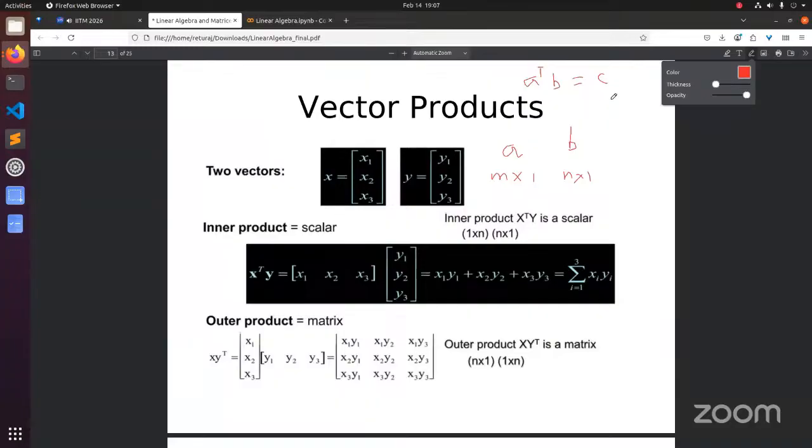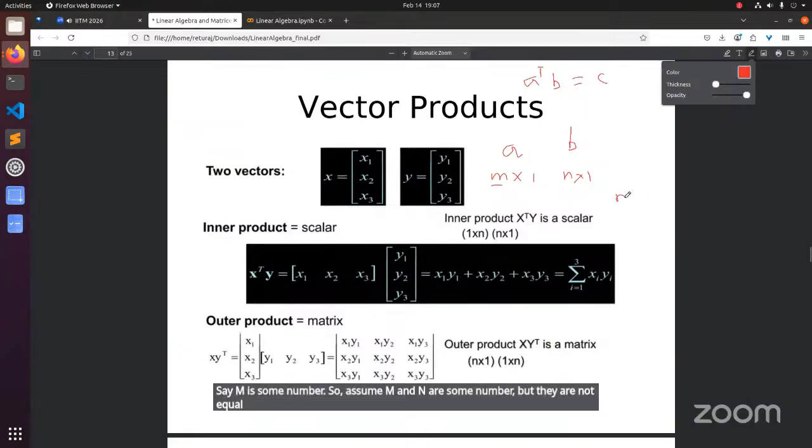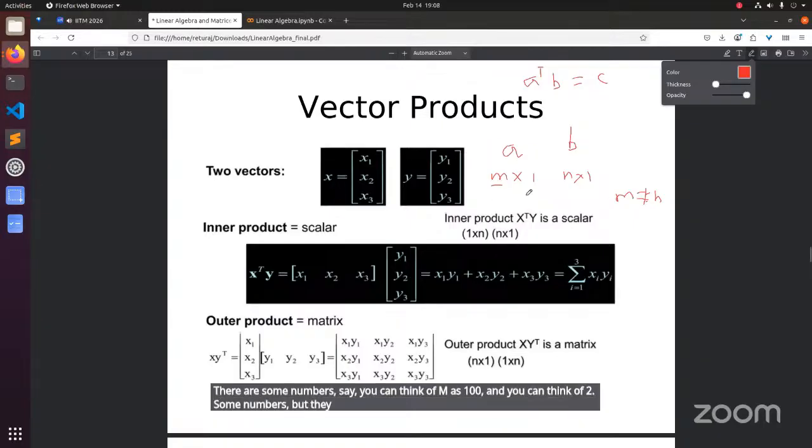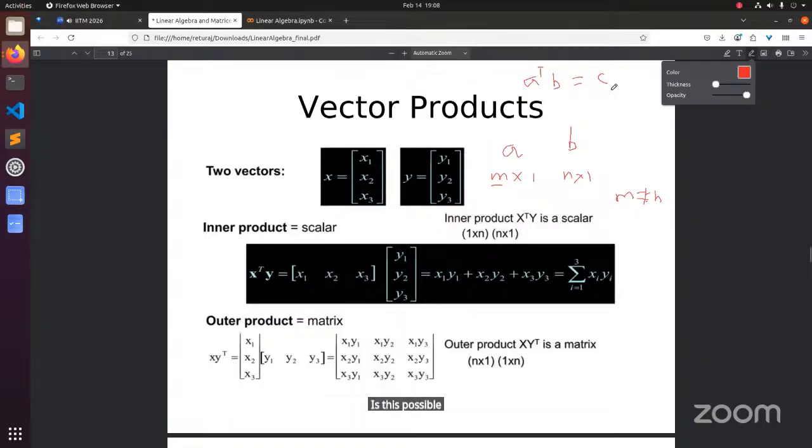Sir, not possible, I think, because M and N are unknown. Say M is some number. So assume M and N are some numbers, but they are not equal. You can think of M as 100 and N as 2, some numbers, but they are not equal. Is this possible? And what is the size of C?